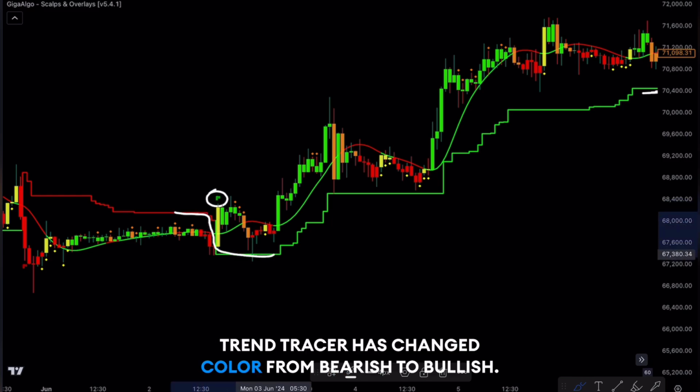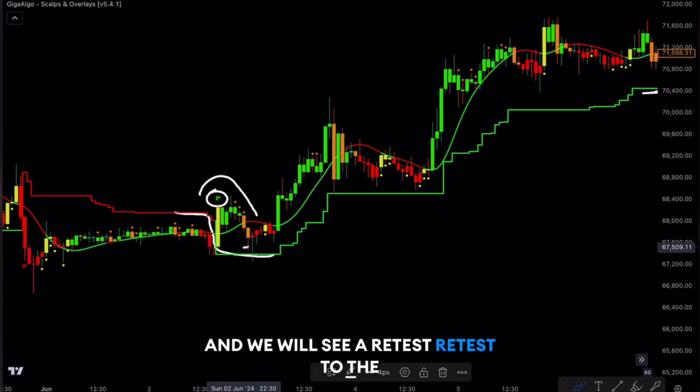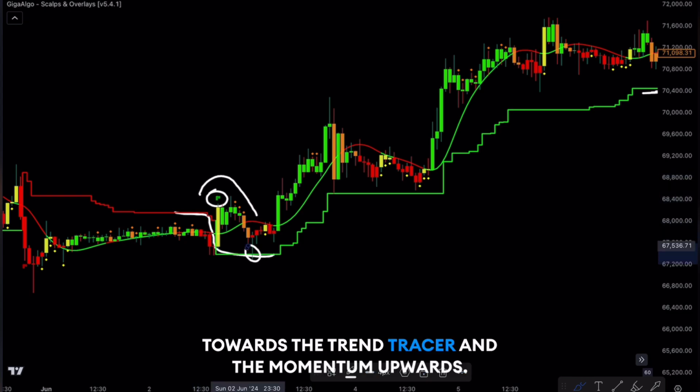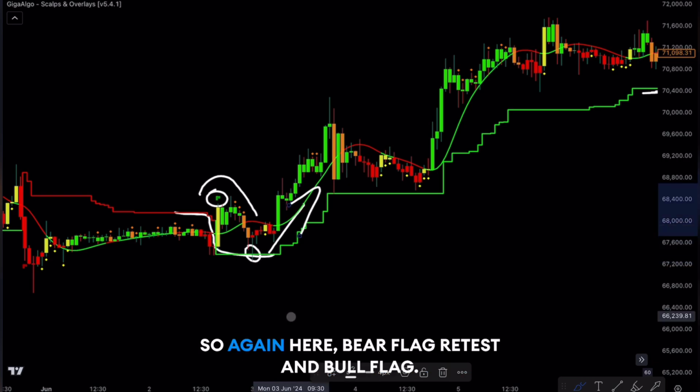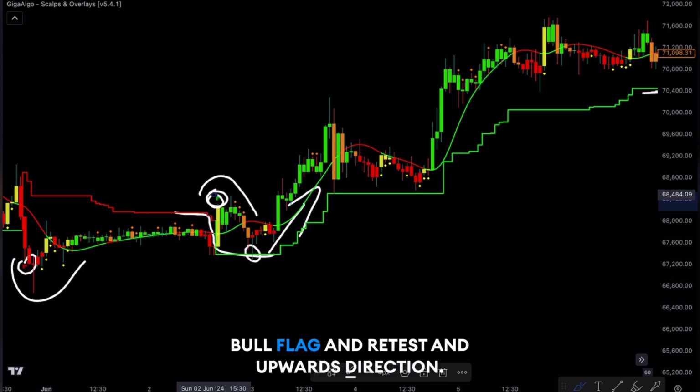The trend tracer has changed color from bearish to bullish, and we will see a retest towards the trend tracer and the momentum upwards, right? So again here, bear flag, retest, and bull flag and retest, and upwards direction, right?